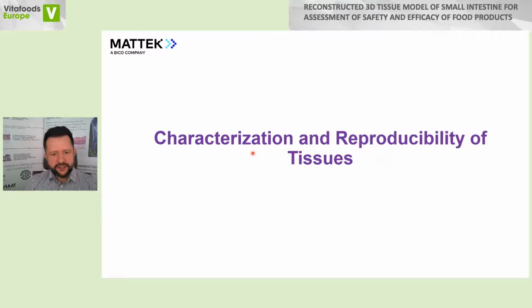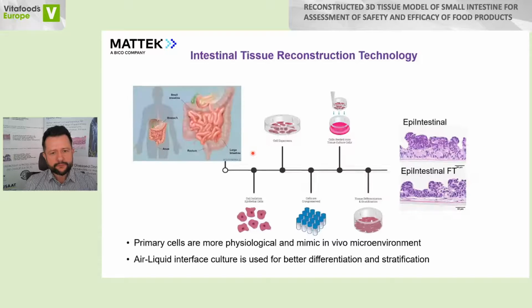So, what is this tissue model? Basically, MatTek has been long in the field of reconstructed tissue generation. This specific model is mimicking the structure and characteristics of the small intestine epithelium.